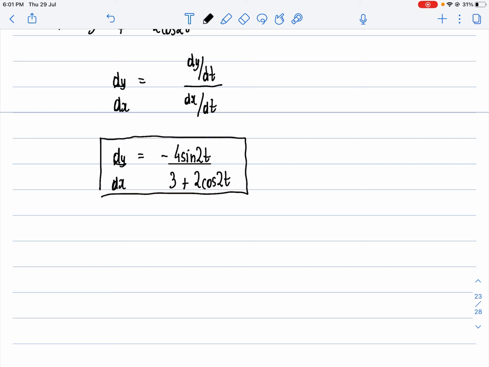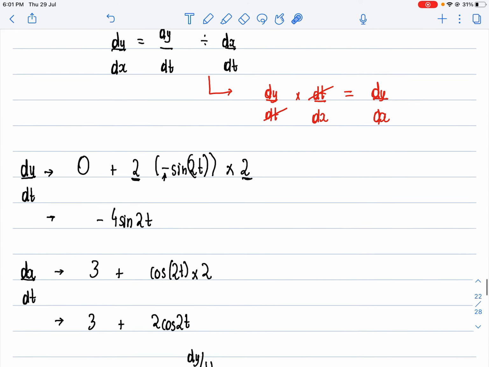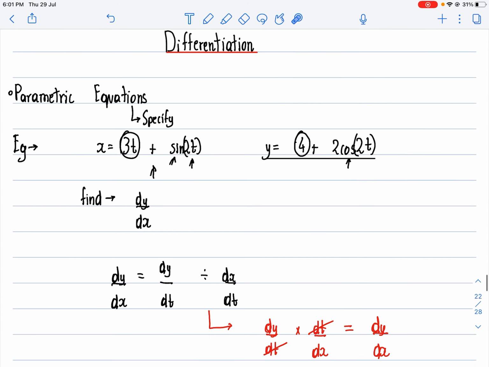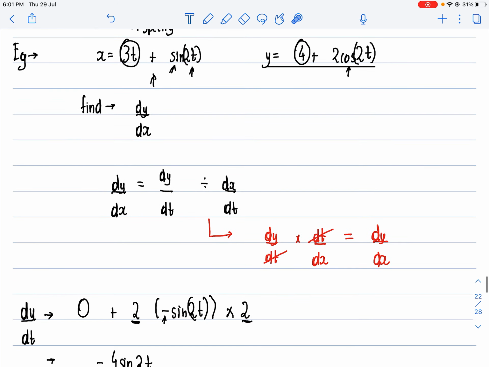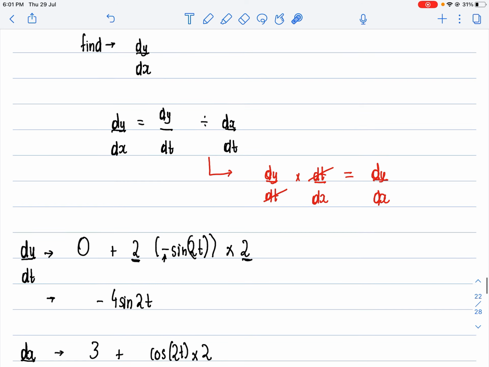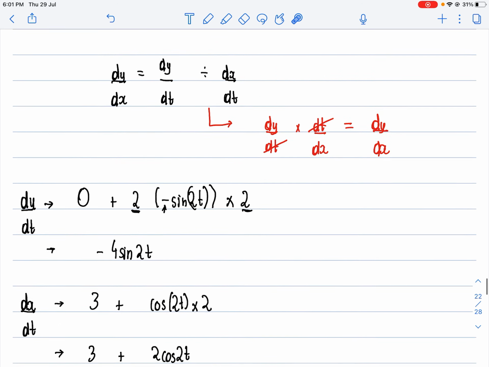Let's go over the process again. First, I know my question. They always specify that there are parametric equations. You will get x and y in terms of some variable. It can be t, theta, anything. You know that dy by dx is dy by dt divided by dx by dt.